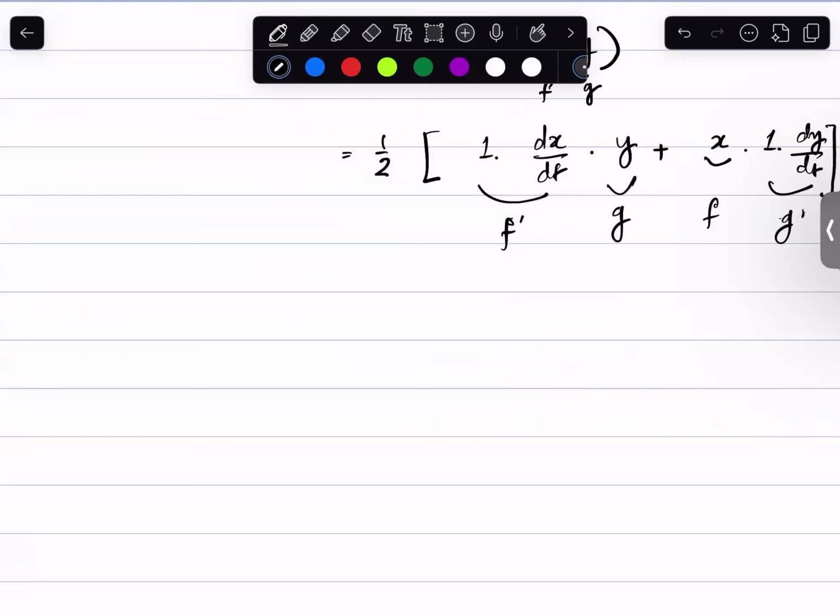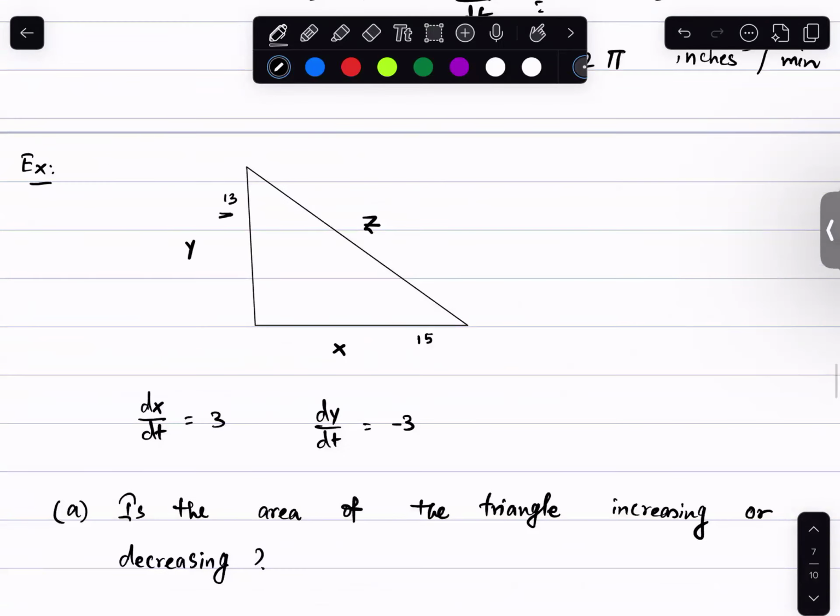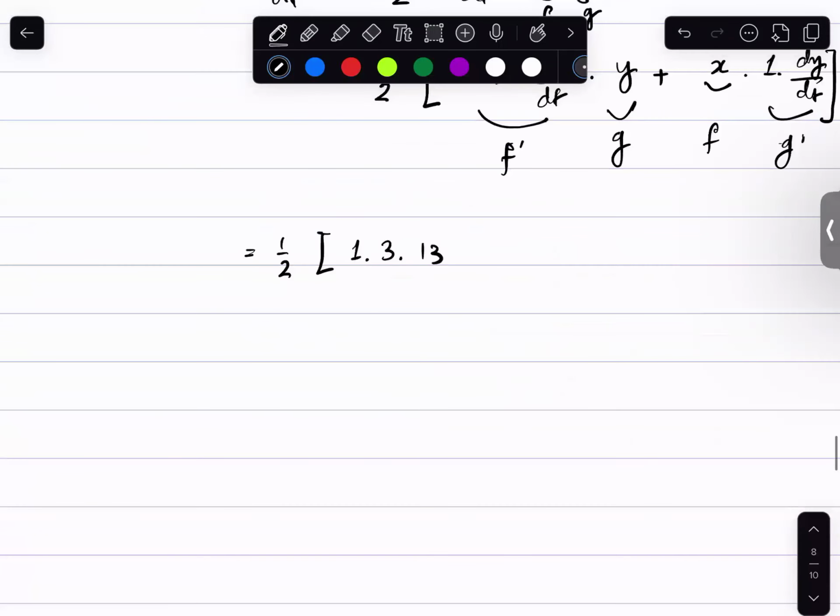Okay, so if I write it down, I get 1 times 3 times 13, because 3 is the value of dx/dt and y is given as 13 in the picture. And plus I have x, which is 15, times -3, because -3 is the value of dy/dt.